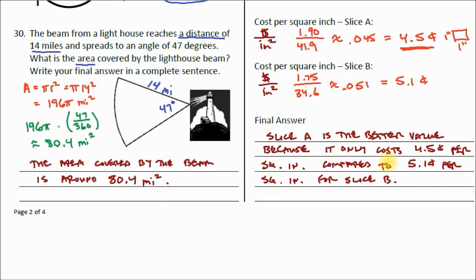You have lots of ways to write this, but I want to show you. There's my answer. Slice A is the better value. Here's my evidence, because it only costs 4.5 cents per square inch compared to 5.1 cents per square inch for slice B.